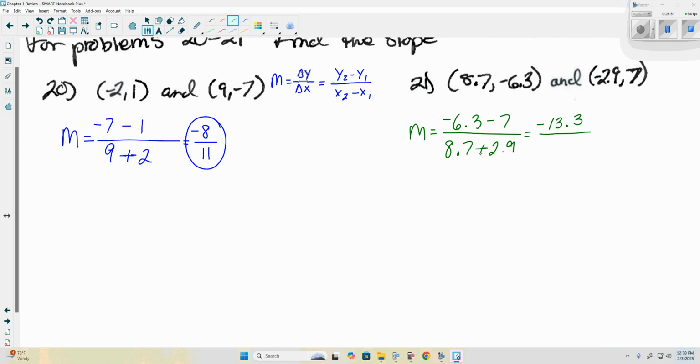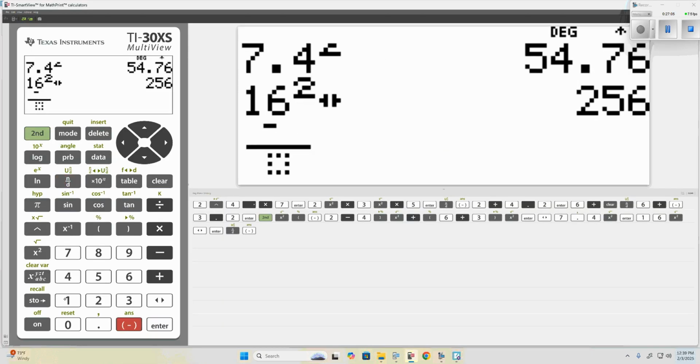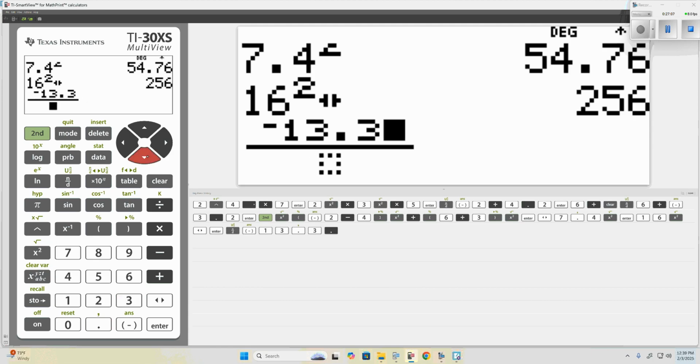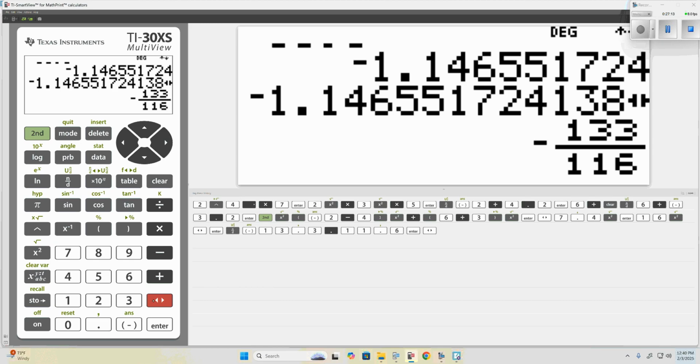On the bottom, the negative and negative is going to make a plus. Negative 13.3 over 11.6. We're going to have to reduce this. 13.3 over 11.6, negative 133 over 116.